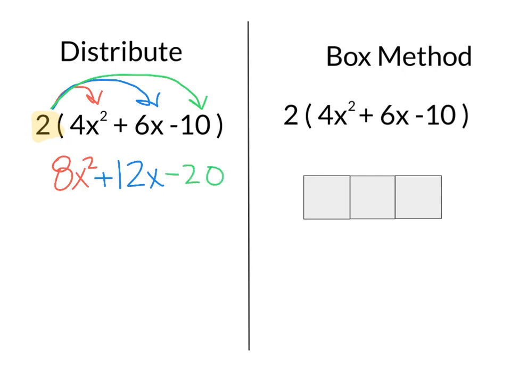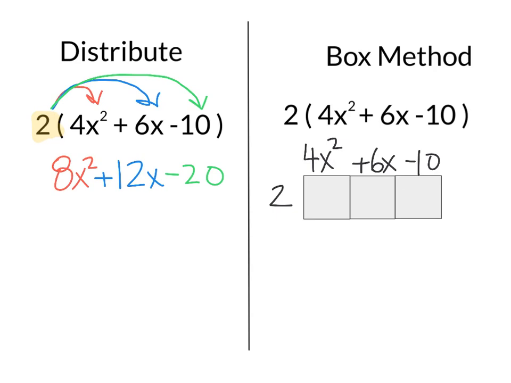I can do the same thing over here on the right now, but I'm going to take my values, and my single value, my 2, is going to go over here on the left, and then on the right, I'm going to have my 4x squared, my plus 6x, and my minus 10. I'm going to break that trinomial into the three pieces to go above my three boxes. So let's multiply each row and each column.